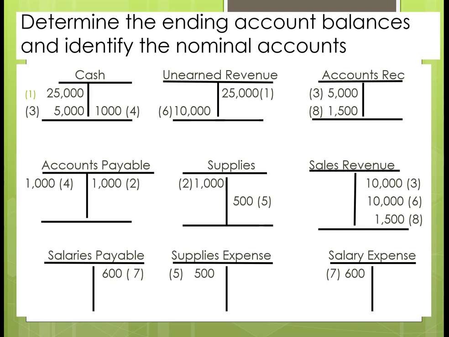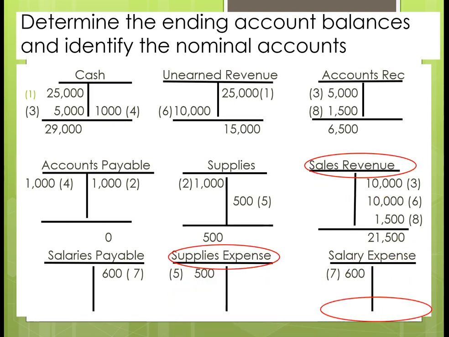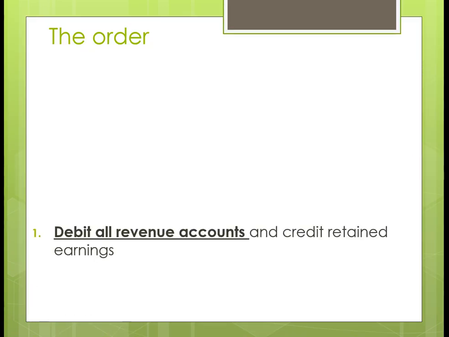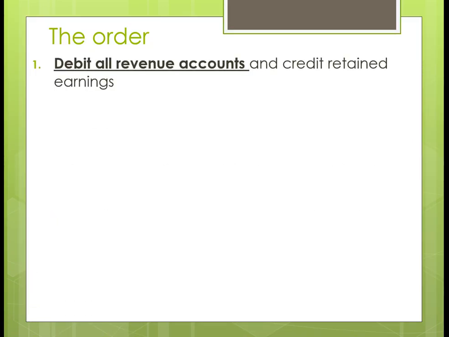So first thing we're going to do is figure out our balances. And then we're going to identify our temporary accounts, which would be sales revenue, supplies, and salary expense. Now we can do our journal entries. The order is we always start with our revenue accounts.